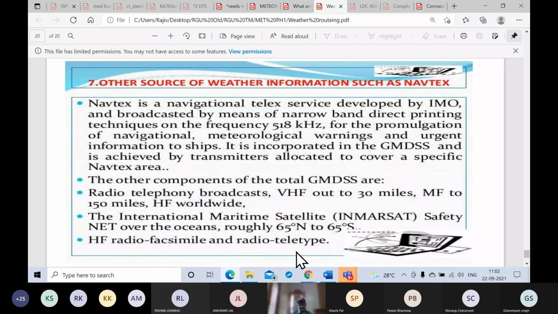No doubt, one of the best aids to navigation, NAVTEX, narrow band direct printing, NBDP.